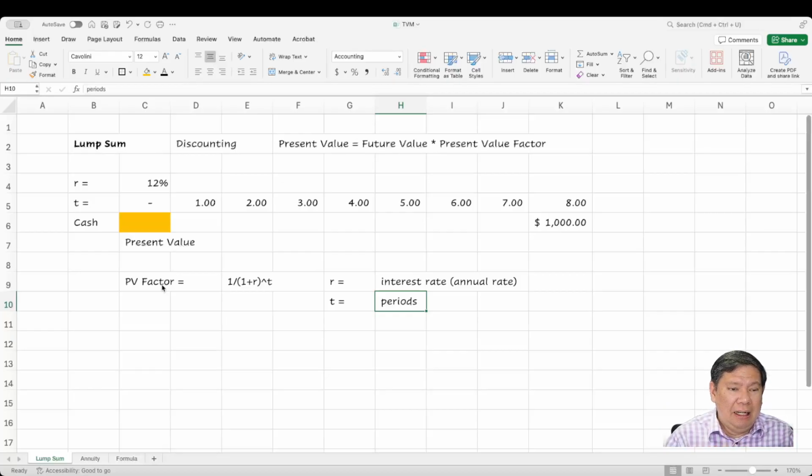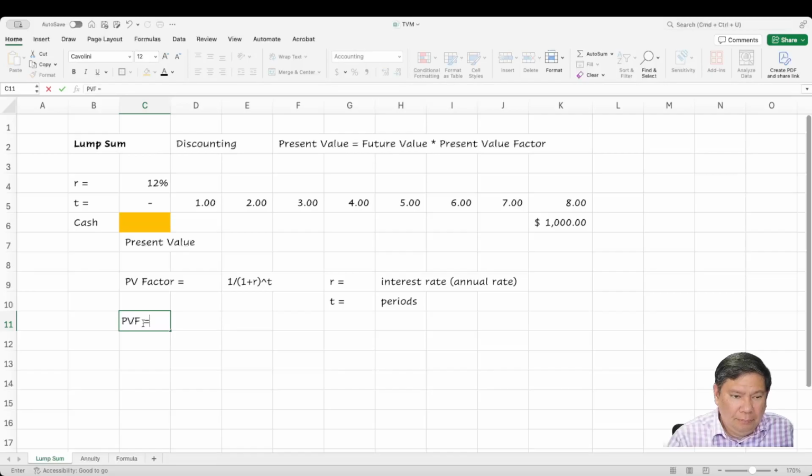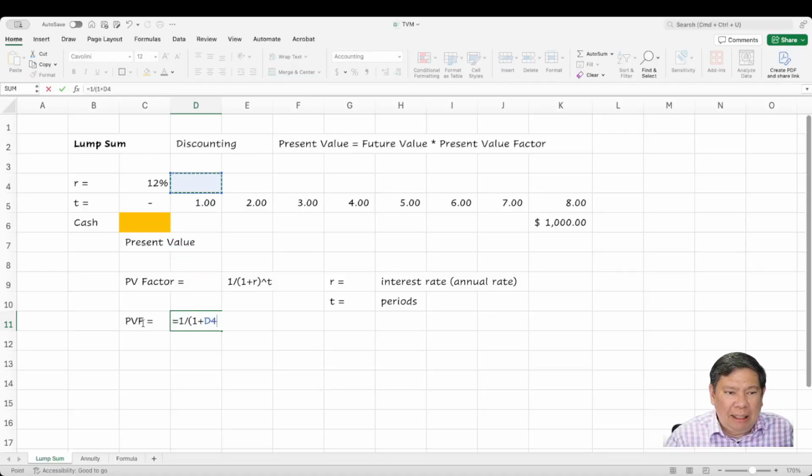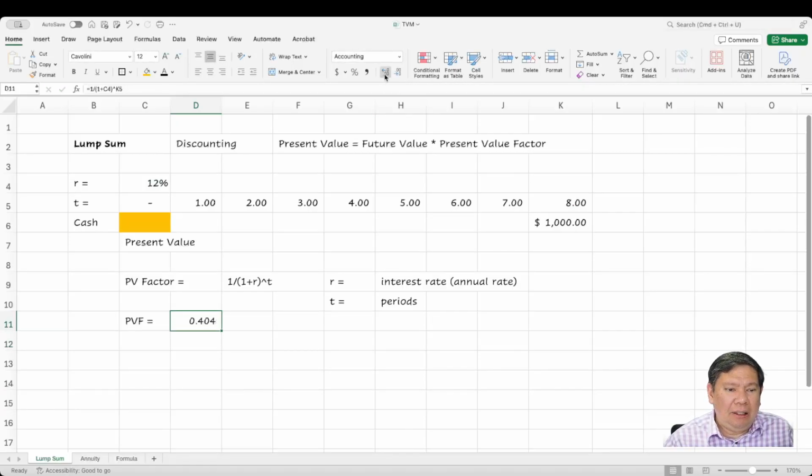So basically we calculate the present value factor equals 1 divided by 1 plus R, our interest rate, to the power of T, and T is 8 years. So we have 0.4039. That's the present value factor.